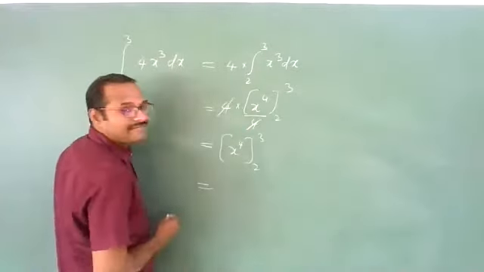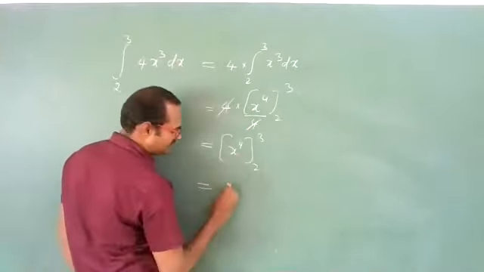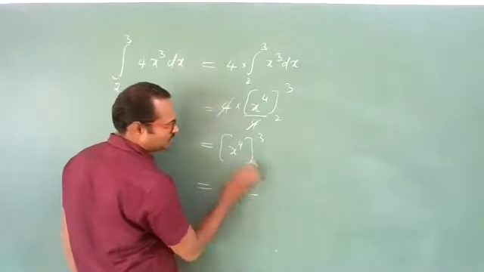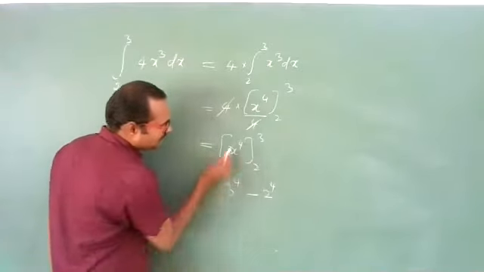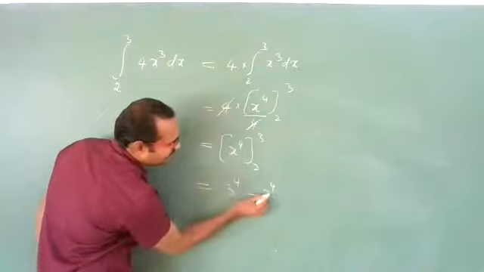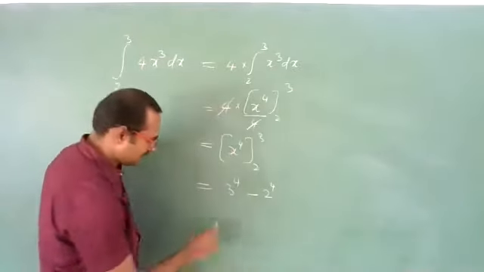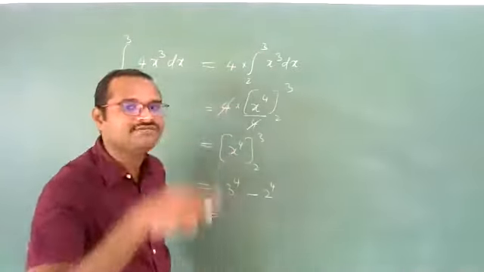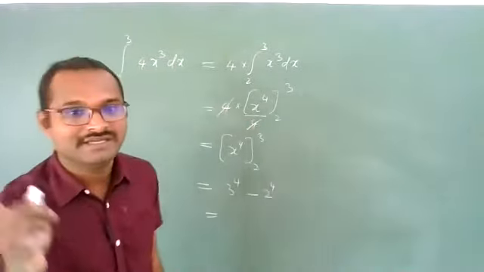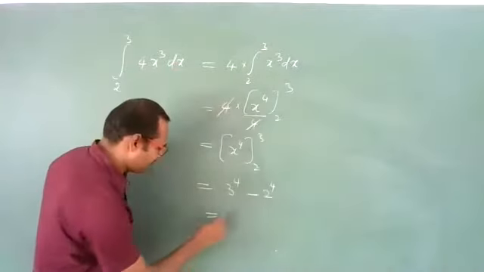Now what to do? Apply the upper limit. In the place of x, substitute 3: 3 power 4, minus the lower limit, in the place of x, substitute 2: 2 power 4. The power should be the same, only in the place of x, one time 3, one time 2. 3 power 4: multiply 3 four times. 3 threes are 9, 9 threes are 27, 27 threes are 81.